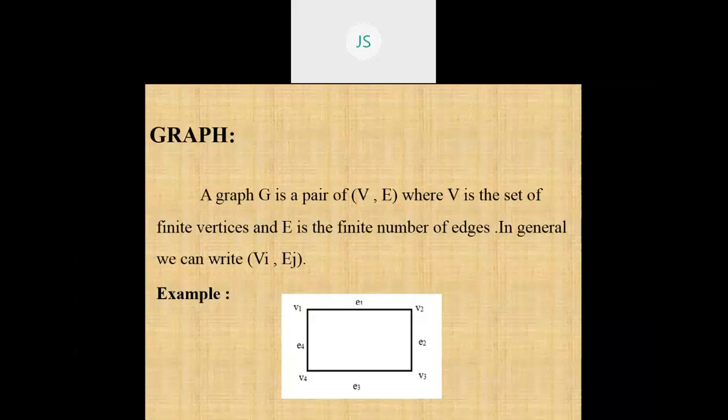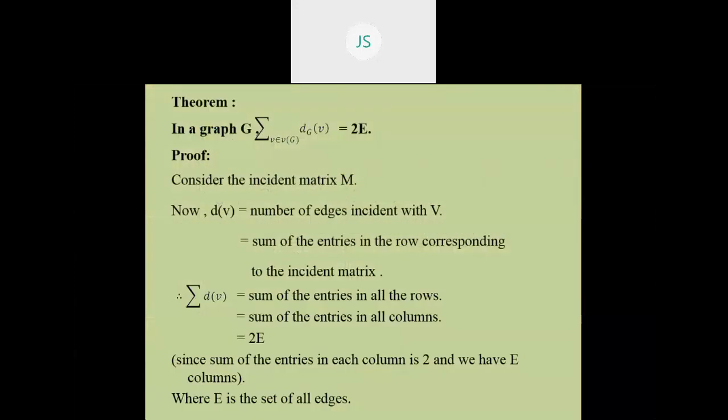Here, how many vertices are there? 4 vertices. And how many edges are there? 4 edges are there. But here, we have to prove that the summation of degrees of all the vertices is equal to 2 into the number of edges. So here degree of V is equal to the number of edges incident with V. That is equal to the sum of the entries in the corresponding row of the incidence matrix.